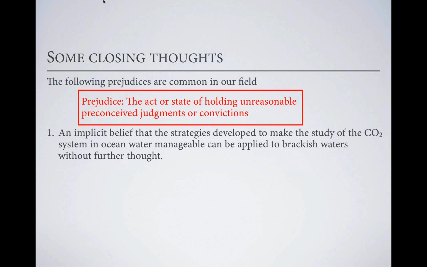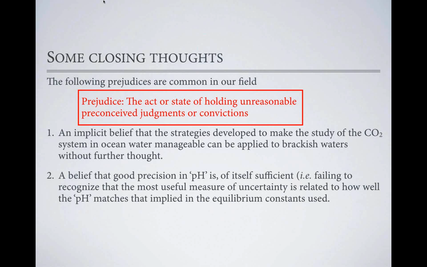We've pointed out that if there are significant organic amounts present, which largely in ocean water we ignore because they're typically low, often below 5, but in brackish waters they need not be low. You need to think about that further. So you can't just say, hey, if I can do all these measurements great in seawater, I can just move straight into any old salinity and get on with it. That's not true.